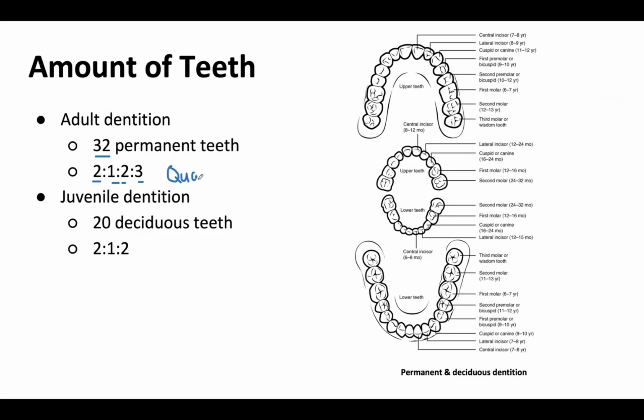All right, so only a quadrant of the teeth. Of course, we know there are 4 quadrants in the mouth. So this means that there are 2 incisors, 1 canine, 2 premolars or bicuspids, and 3 molars.